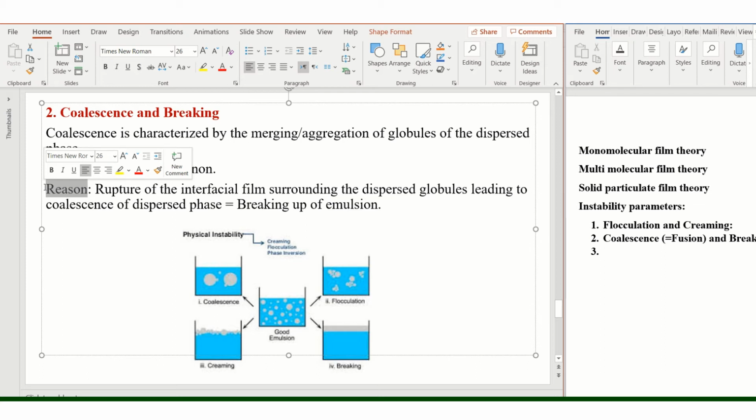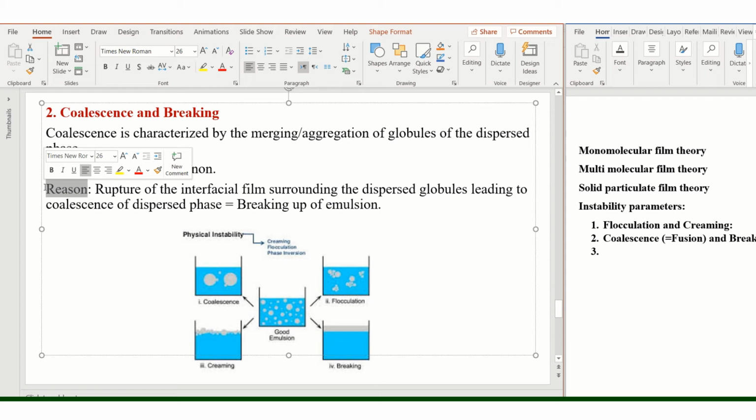Suppose this barrier is leaky, or the film formed by the emulsifying agents is not strong enough, then it could lead to the rupture of the film, thus making all the dispersed globules come closer and fuse together, which is nothing but coalescence.